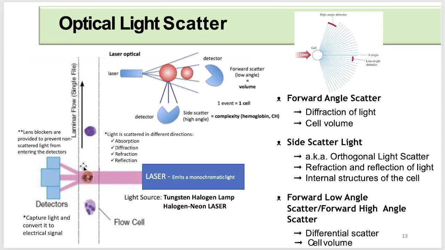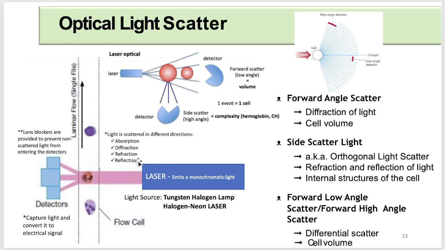Again, bakit nagkakaroon tayo ng scattering of light? It's because of the interaction between the different processes. Ano yung processes? Absorption, of course, we all know, it will just basically absorb. Diffraction, anong ibig sabihin ng diffraction? Bending around corners or the surface of the cell. Refraction, bending because of the change in speed.